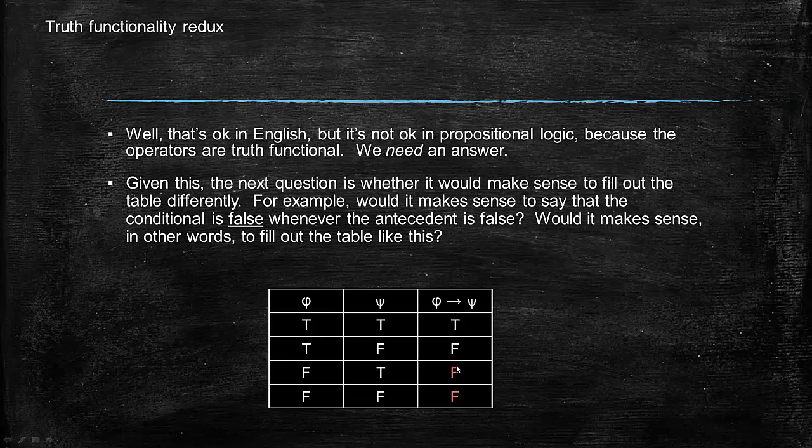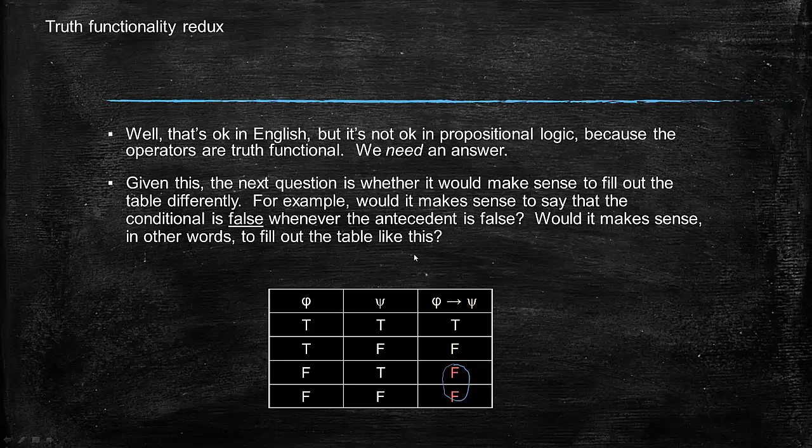Would this make sense? Well, look, we could do that, but it's interesting to think about what we would have done if we had. This says true, true, true, true, false, false, false, true, false, false, false, false. Now, what truth table is that?